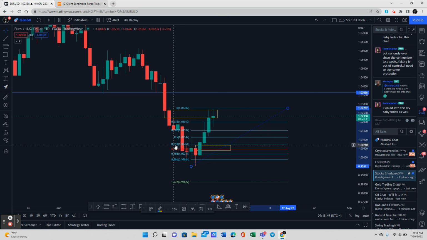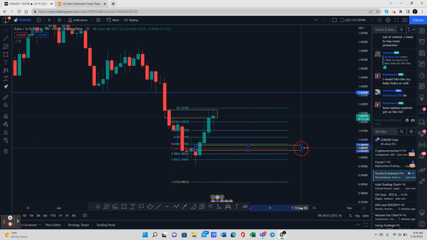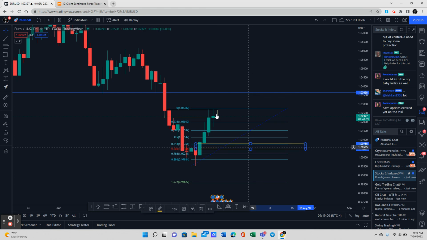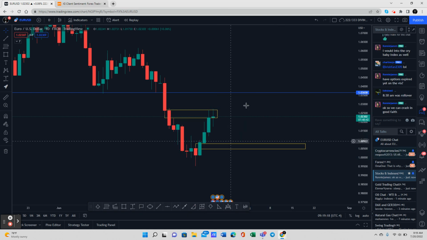So we possibly could fight to get back down here into this zone as well, possibly before resuming to the upside. So once again, everything is reactionary at this point. And because I was on a lower time frame, that upward move may still be in place before the drop. Once we get that drop, then we move on up.